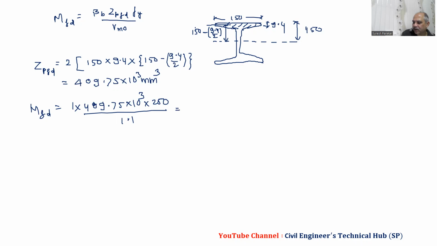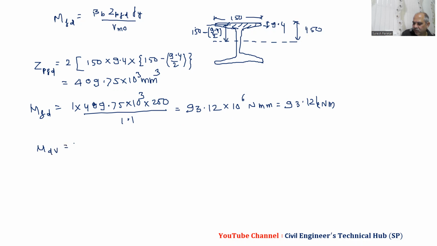And from this we got this value as 93.12 into 10 raised to 6 Newton millimeter, equal to 93.12 kilonewton meter.